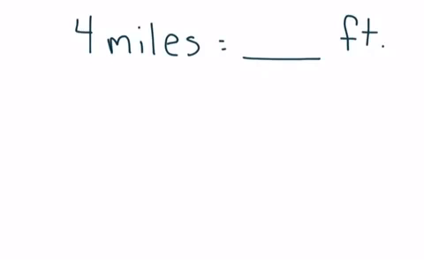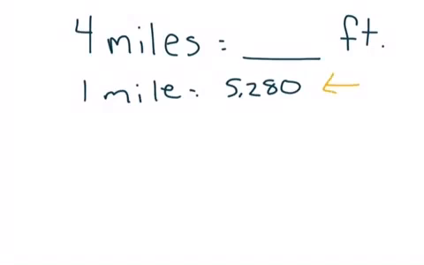Alright, so another good one to practice here, 4 miles, and I want to know how many feet that is. Well, I know that 1 mile is equal to 5,280 feet. So once again, I always want to start at that knowledge. That's what you need to know to start your problem, and then you go from there.